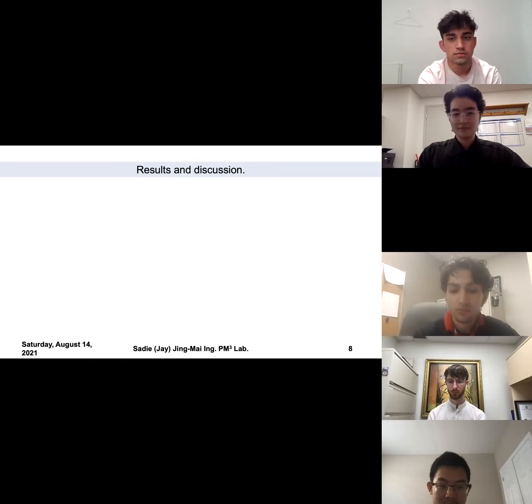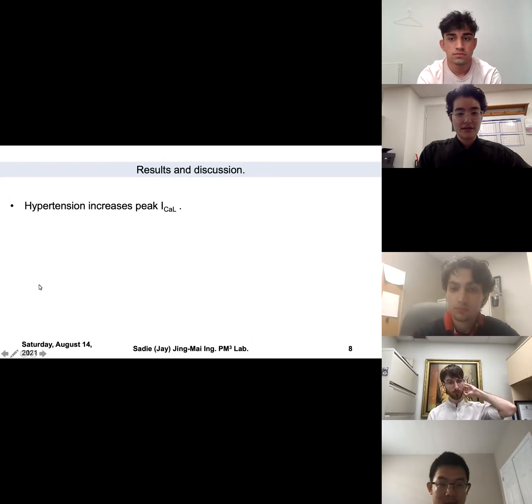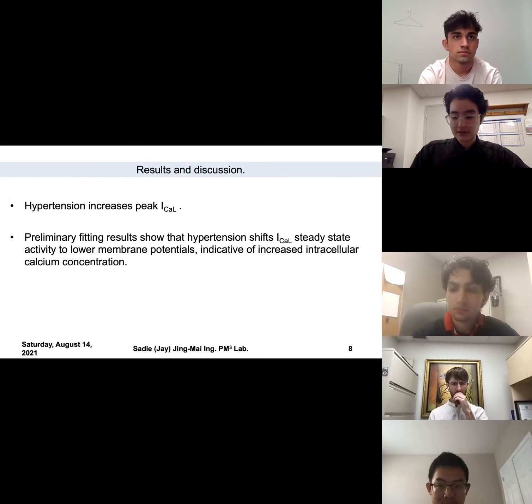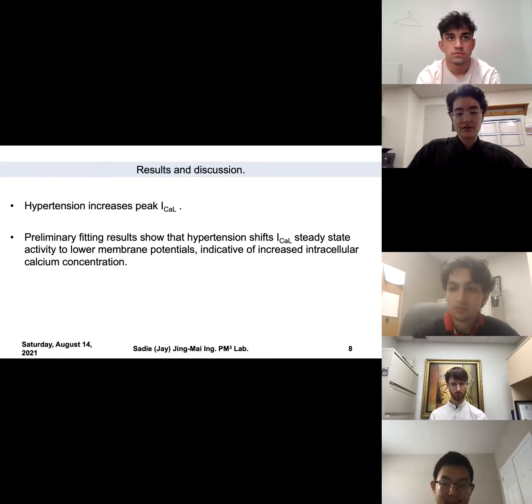So my results, what came out of this? Well, as I mentioned before, hypertension increases the peak L-type calcium current. We also found that our preliminary fitting results showed that hypertension shifts the L-type calcium current steady state activity to lower membrane potentials, which is indicative of increased intercellular calcium concentration or increased hypertension.